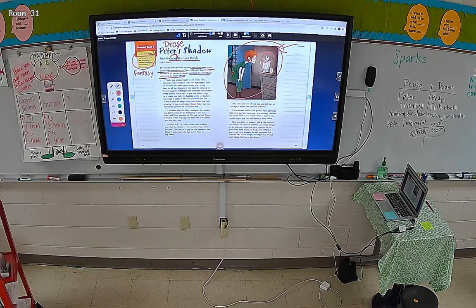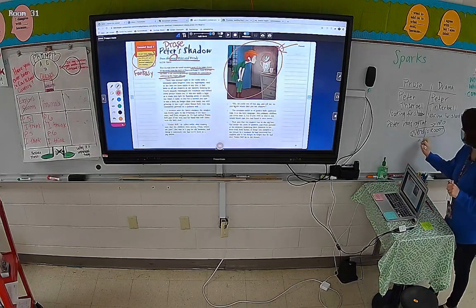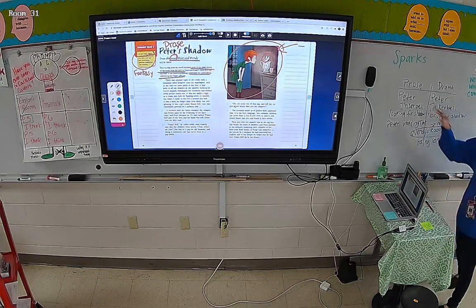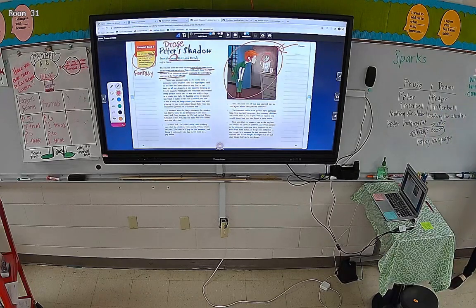They both are using fairy language. Okay, and both of them, they're using what? Fairy language. Okay, so we're starting to see that in the drama and the prose, all the major events are kind of the same. Some of the little bitty details are a little bit different.